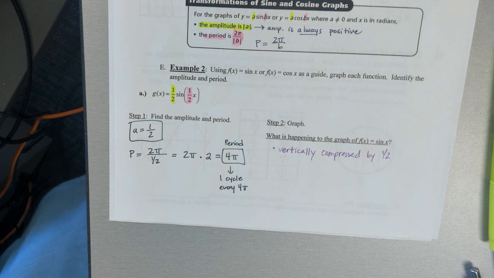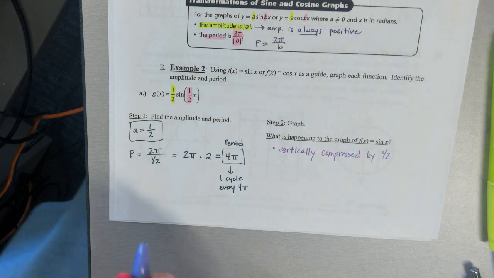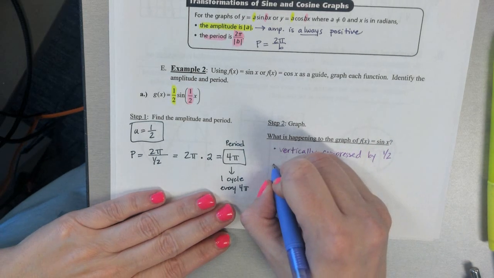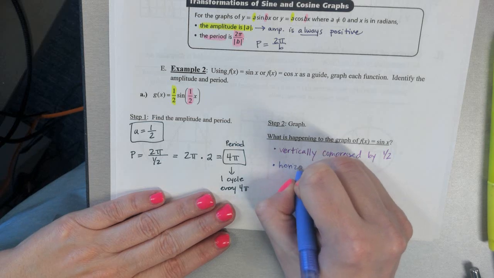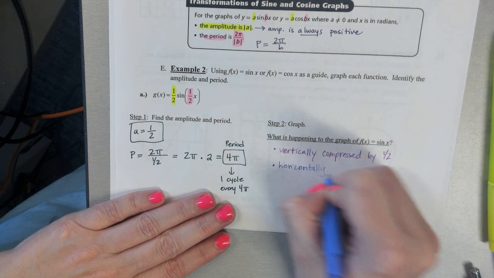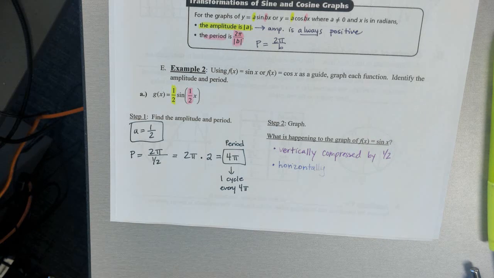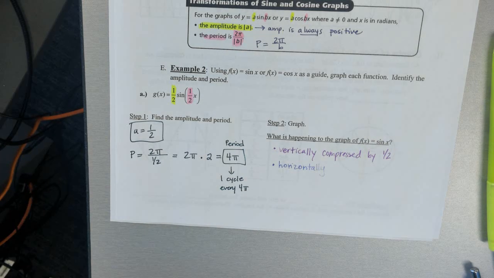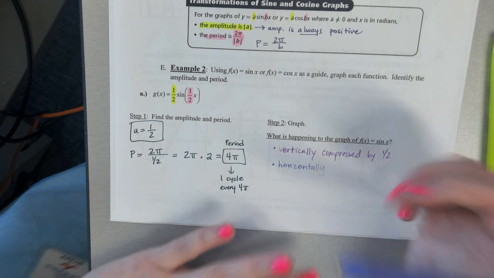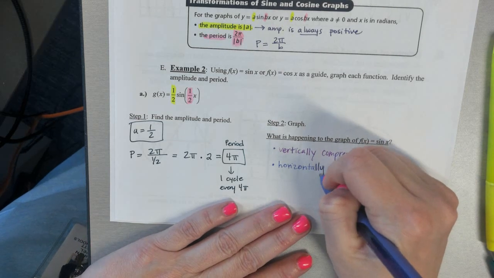So vertically compressed by 1/2, what's happening horizontally? Why is it stretched? It's the reciprocal, right? Do you guys remember that from the first chapter? And the second chapter? And the third chapter?